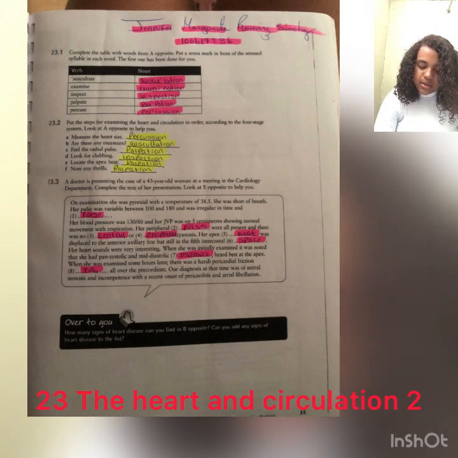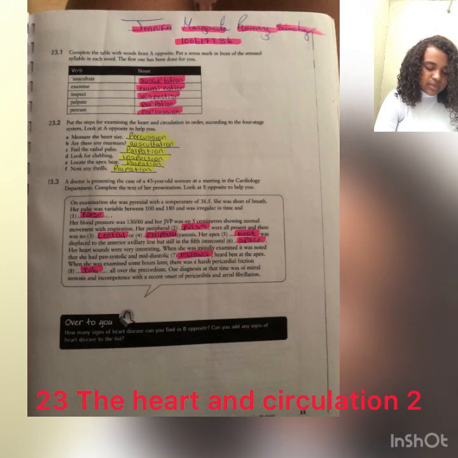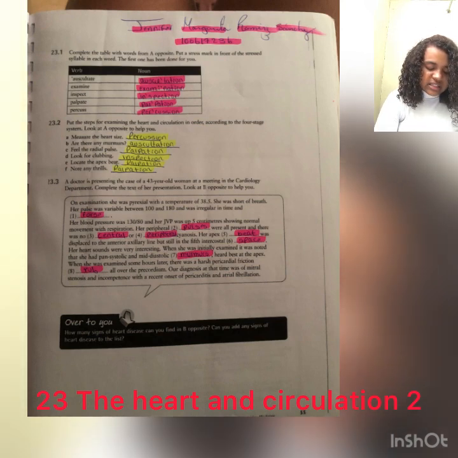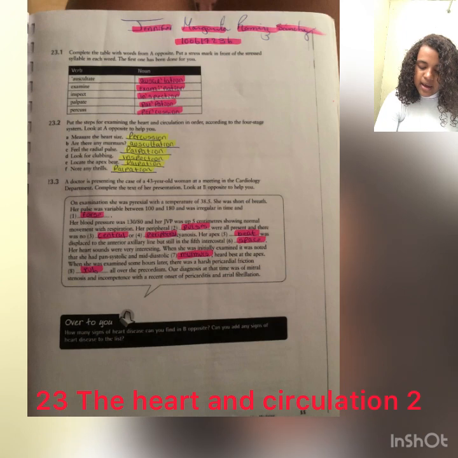Her apex beat was displaced to the anterior axillary line, but still in the fifth intercostal space. Her heart sounds were very interesting when she was auscultated. It was noted that she had a pansystolic and mid-diastolic murmur, heard best at the apex.